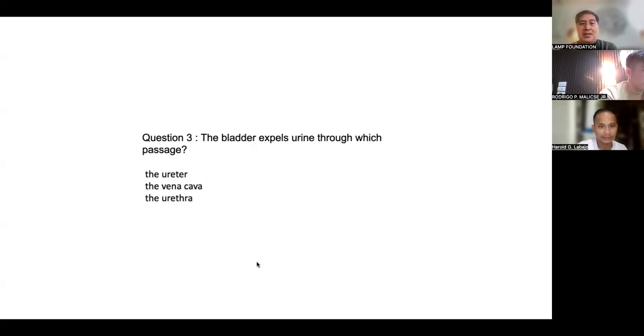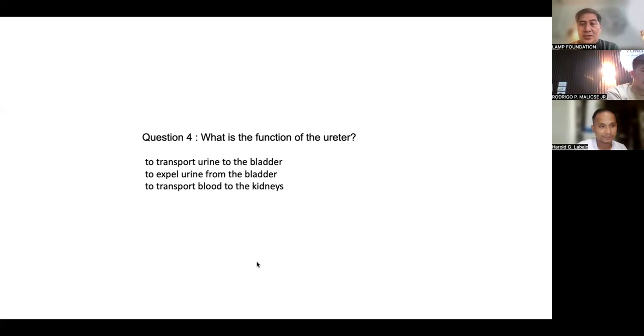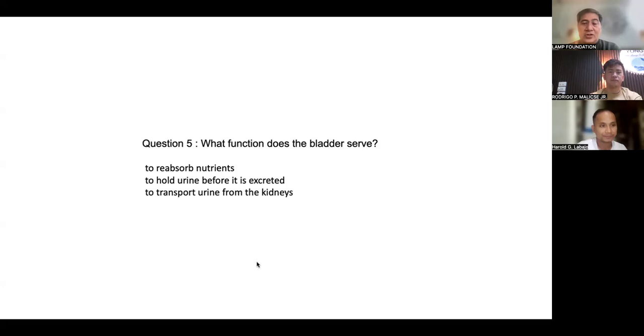The bladder expels urine through which passage? The urethra. What is the function of the ureter? Transport urine to the bladder. What function does the bladder serve? Hold urine before it is excreted.